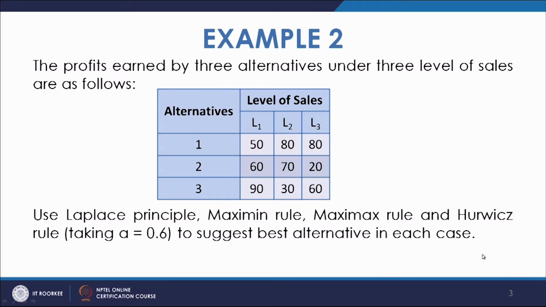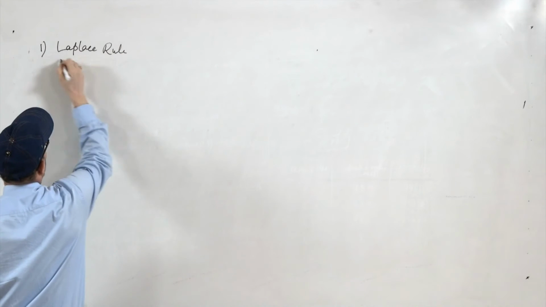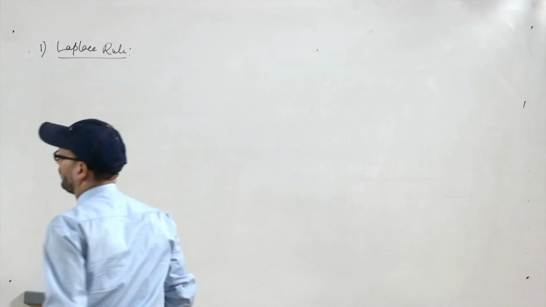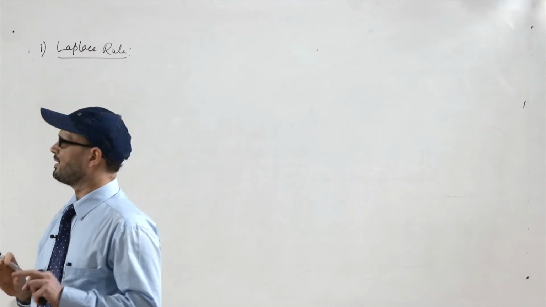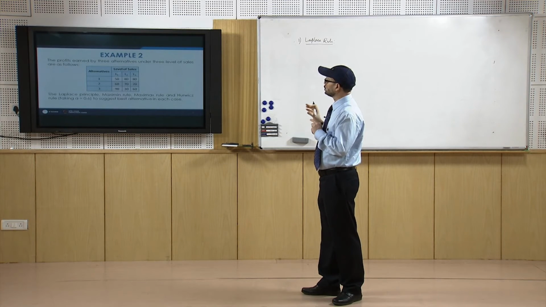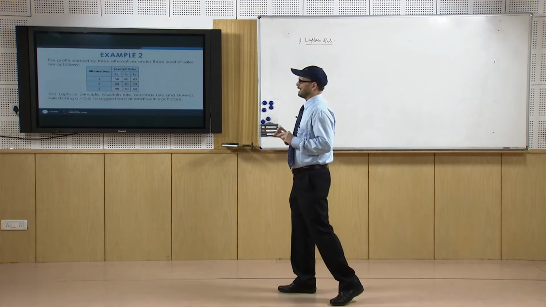So, first the Laplace rule. Now, in the Laplace rule, what we do is give equal probability to all the values.